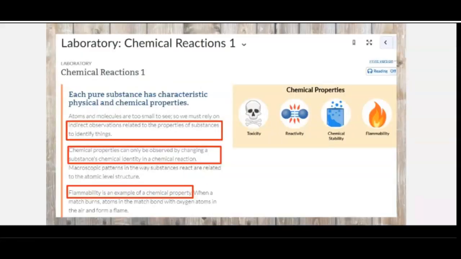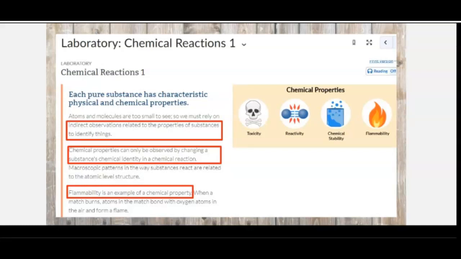So we're going here. This is page 2 of 3, and it talks about indirect observations related to the properties of a substance to identify things. So if we can't see the atoms and molecules, we use indirect observations. So that helps you answer number 2.